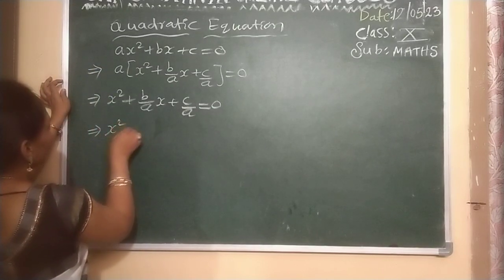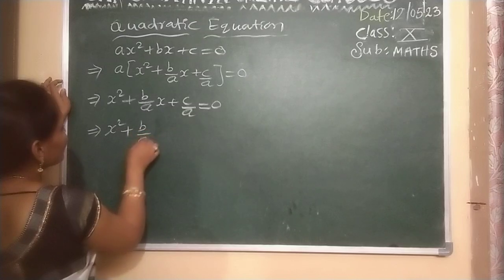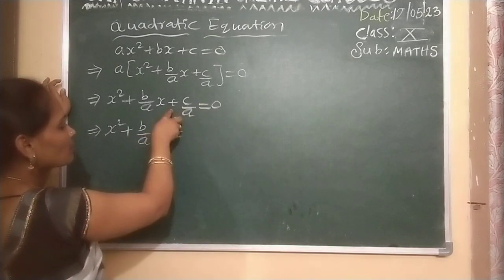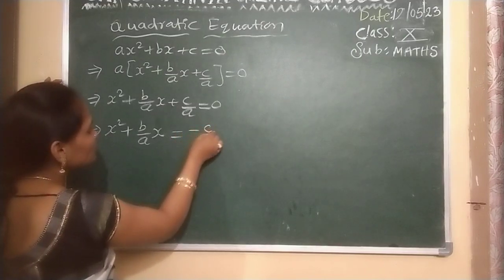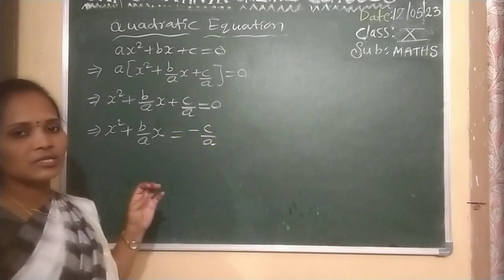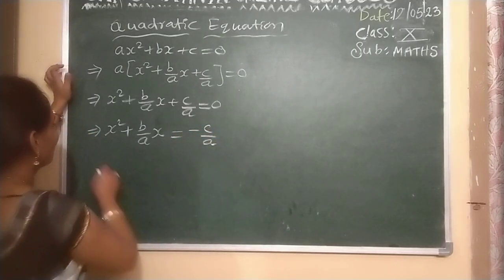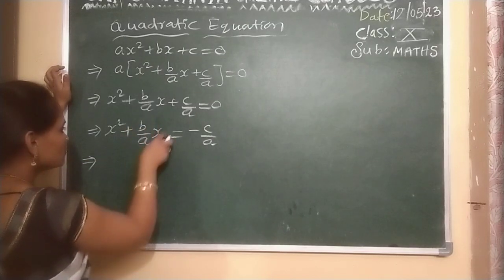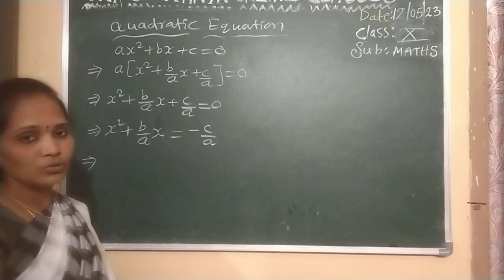Now, x square plus b by a into x is equal to, take the transpose of the plus term, it becomes the minus term. Now here, for this term, let us take 2.